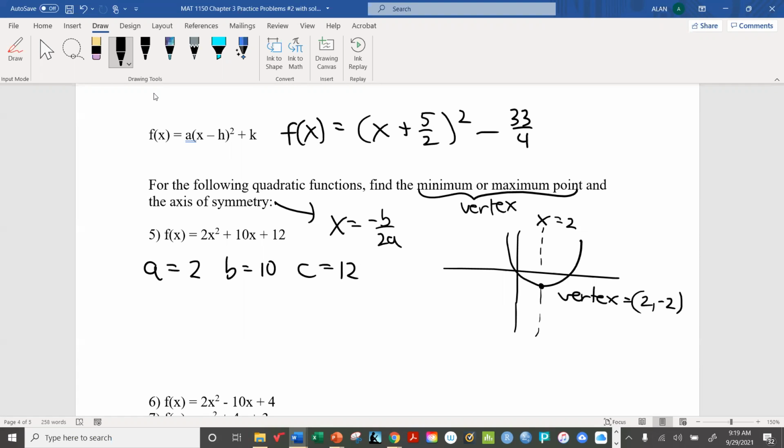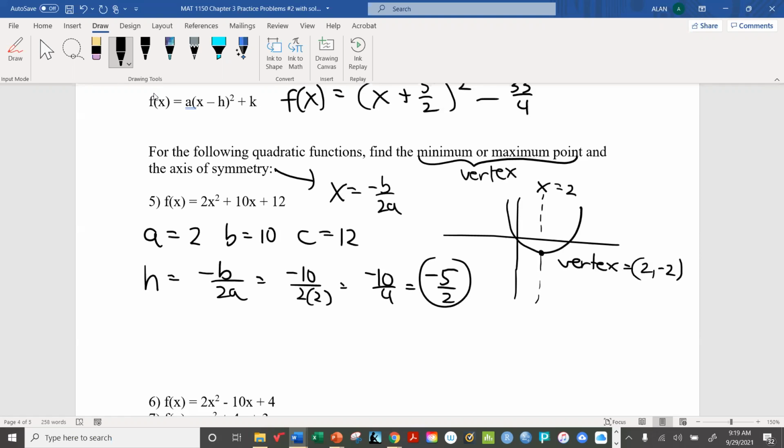So let's look for h. And then k, of course, is f of h, f of -5/2.